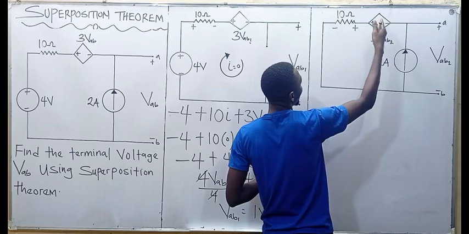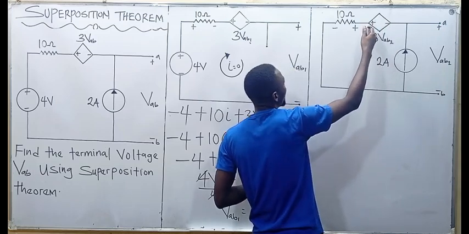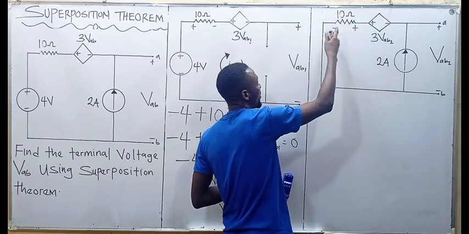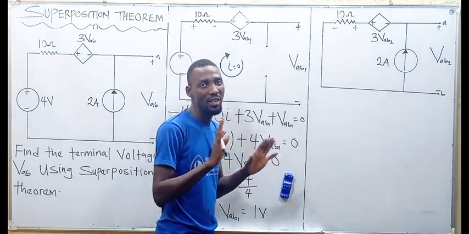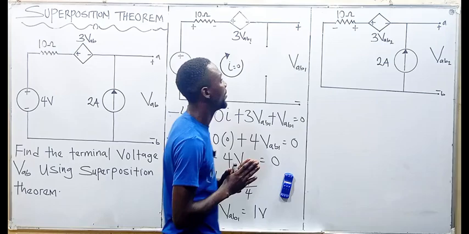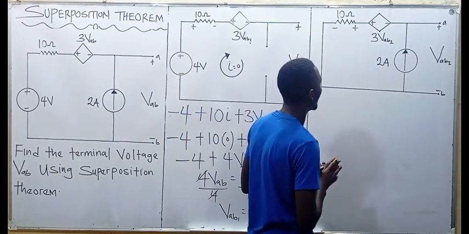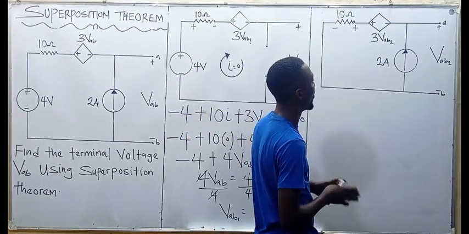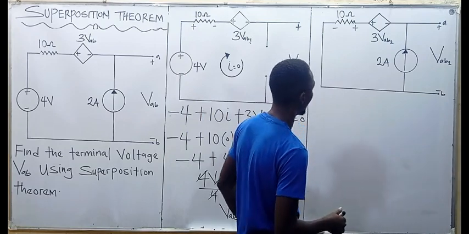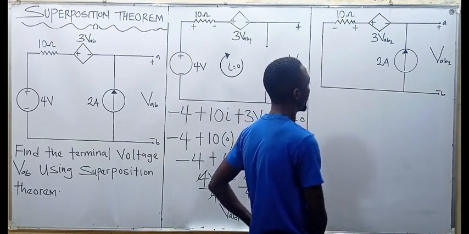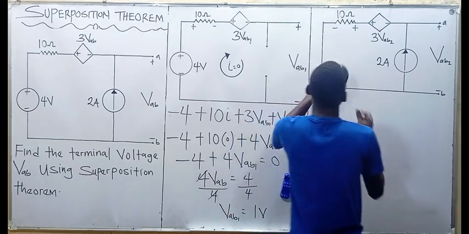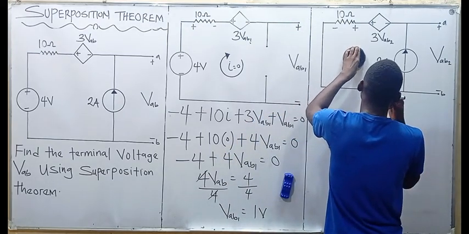Here we already have negative positive, so here is going to be positive negative. I hope it is clear to you. The next thing we are going to do is take our direction, because we are also applying Kirchhoff voltage law.